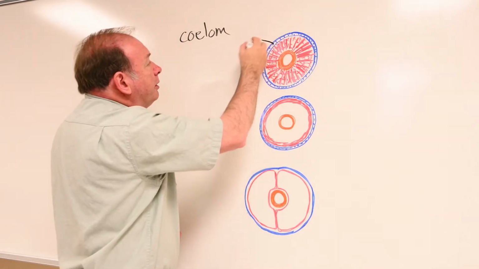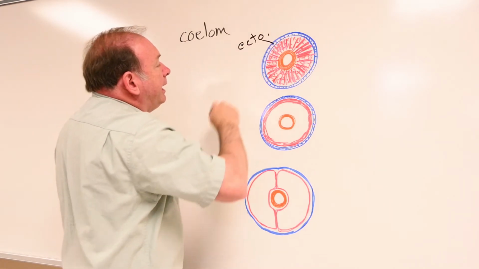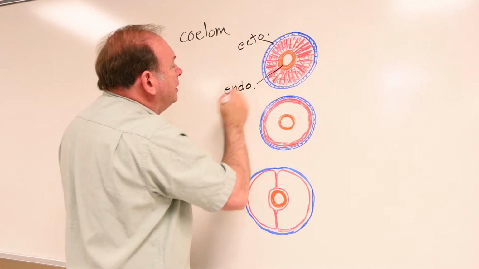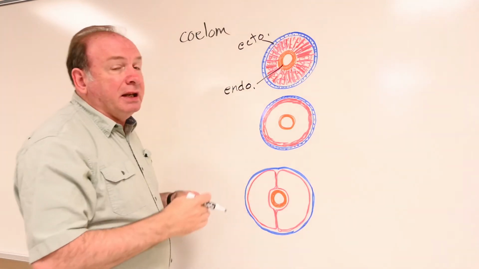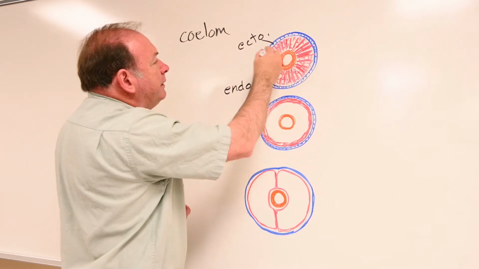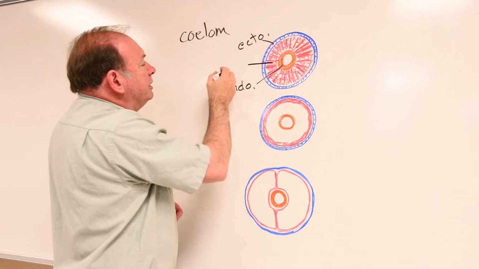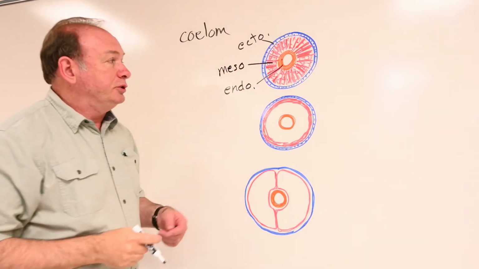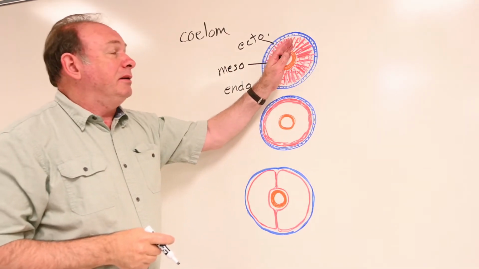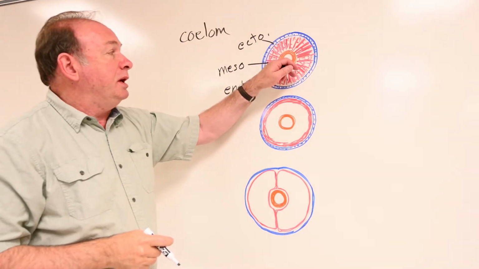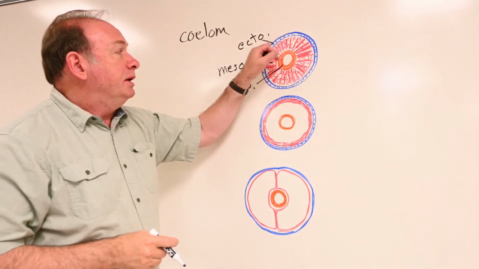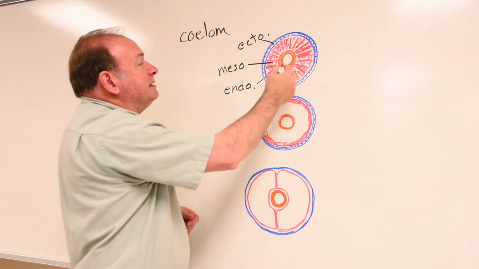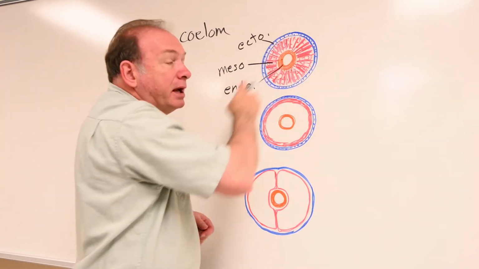We have ectoderm, I'll just abbreviate that, ectoderm. On the inside we have the endoderm. So those are the outside and inside that we'd already talked about. And then between the 2 layers we have some tissues here we call mesoderm. Mesoderm. So if the entire space between the endoderm and the ectoderm is filled with mesoderm in there, there's no body cavity, there's no space inside the body other than the gut tube in there.